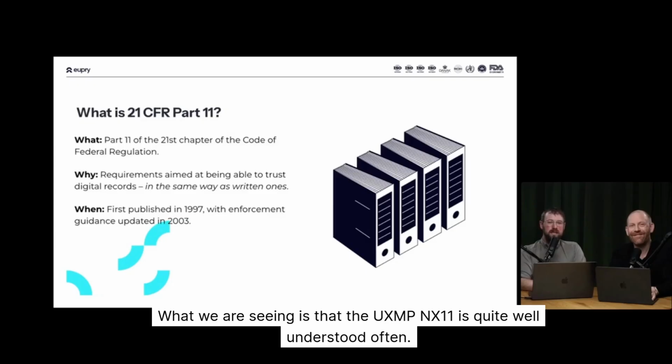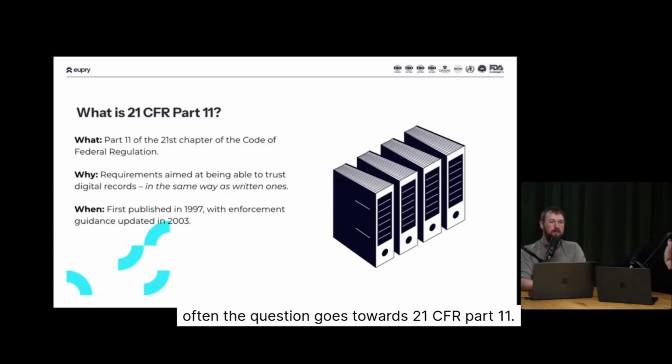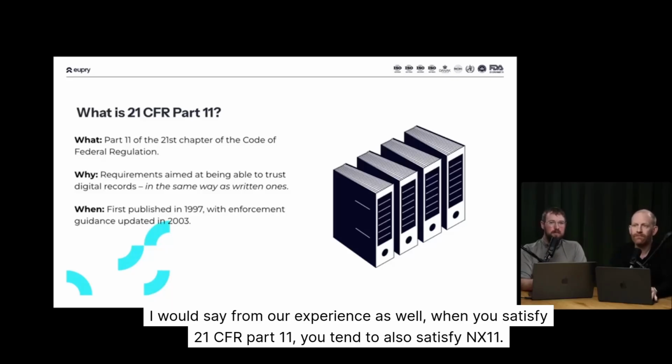What we are seeing is that the EU GMP Annex 11 is often quite well understood, and often the question goes toward 21 CFR Part 11. I would say from our experience as well, when you satisfy 21 CFR Part 11, you tend to also satisfy Annex 11.